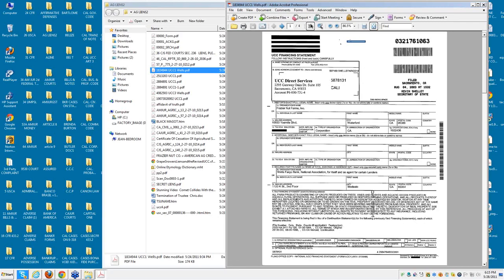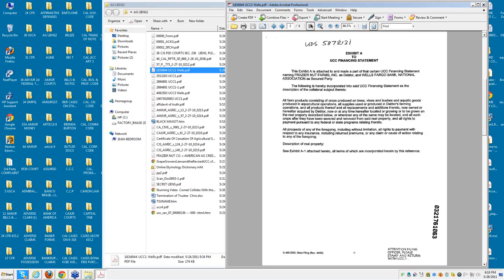So these are other financing statements. Now this was filed in Merced, California, which is up by Sacramento. And this has another page to it.